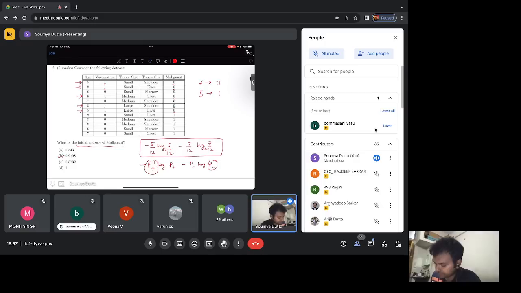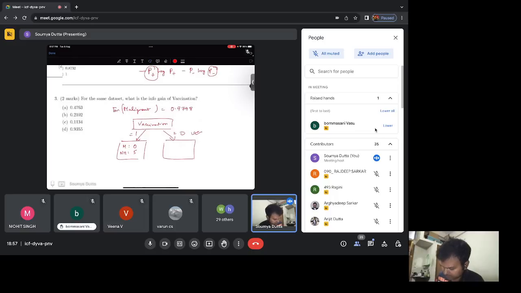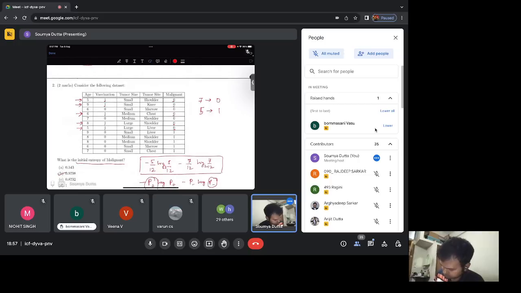Now you have another case, where we are going to the right part of this decision tree, where you are taking a vaccination of 0. So vaccination of 0 means these cases. Of course you have 7 cases, and out of that you have 0 in these 2 and 1 in these 5.